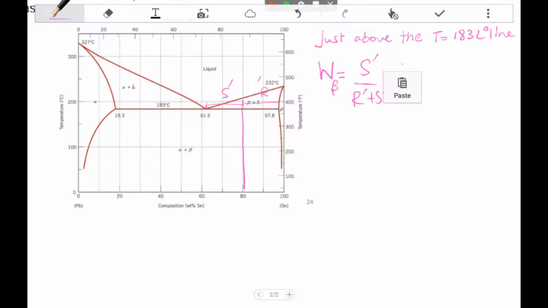So that's going to be C0 minus 61.9, divided by 97.8 minus 61.9, and that's going to be equal to the fraction of beta. And that's primary.